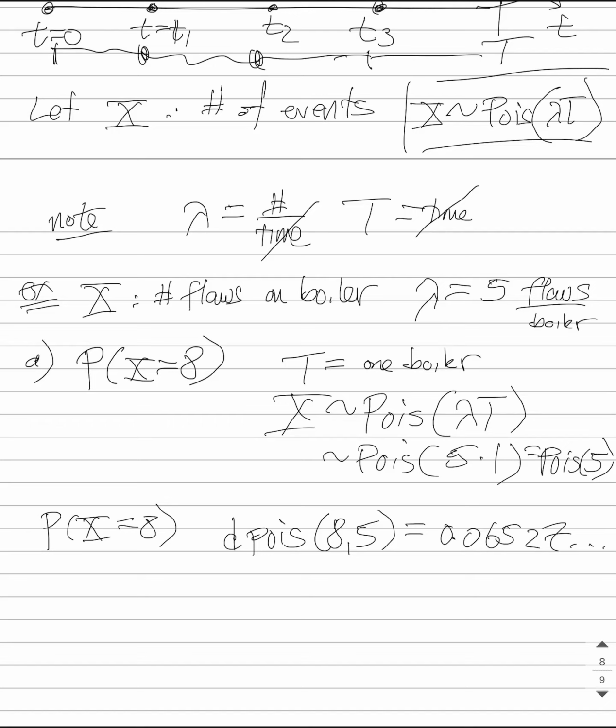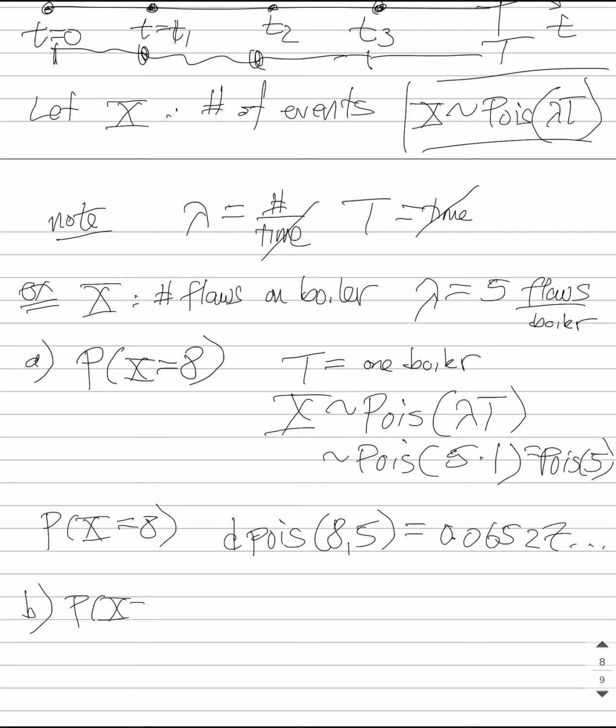So there's a relatively low probability, 0.065, so in the ballpark of 6.5% of the time. If you were to take boilers off the assembly line at random over and over and over again, this model says that about 6.5% of the time they should have 8 flaws on them.